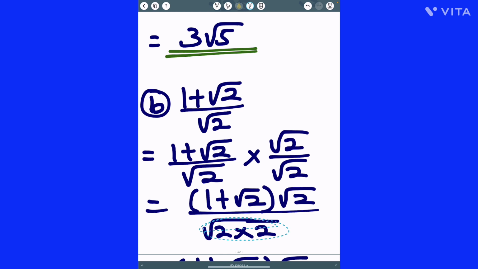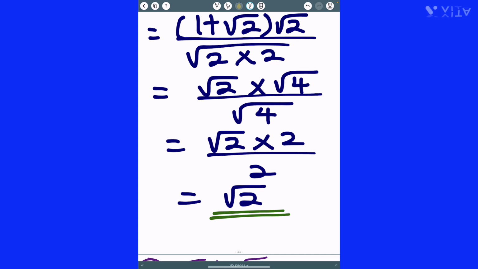Root 2 times root 2 is the same thing as root 2 times 2, which is root 4. The square root of 4 is 2. And here, the expansion will be root 2 times 1 will give us root 2, then root 2 times root 2 will give us root 4.